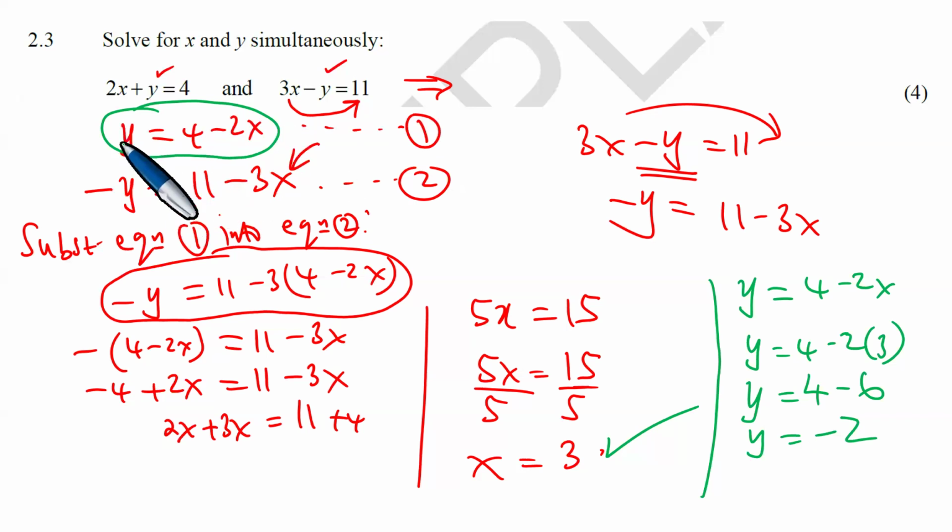So wherever there is y, we can put 4 minus 2x because y is equal to 4 minus 2x. So we can see y in the next equation. Now in the place of y, we put 4 minus 2x.